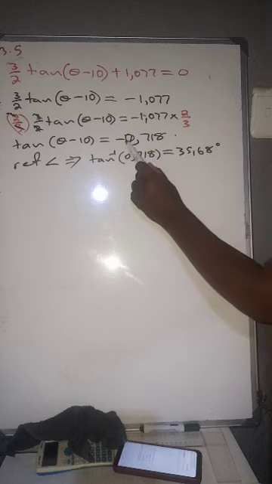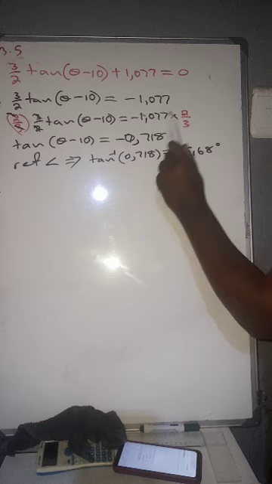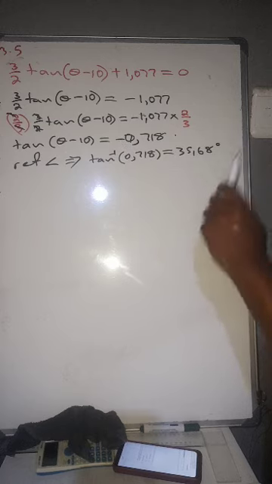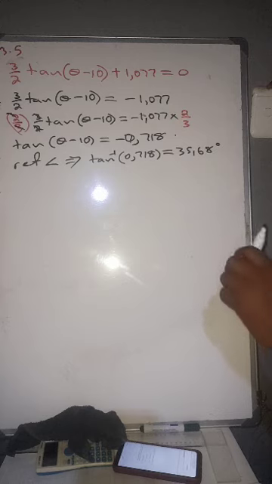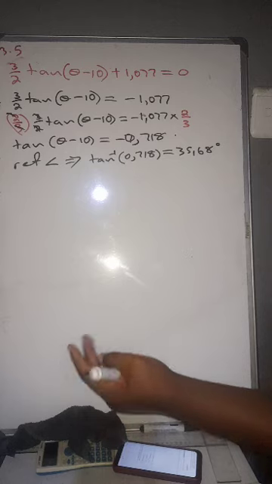Now, your negative is the one that tells you which quadrant you should go to now. And tan is positive in the first and third quadrant and negative in the second and fourth quadrant. And then remember, tan is a special one. We don't need to write 2 general solutions for the 2 quadrants. We can just put them together.